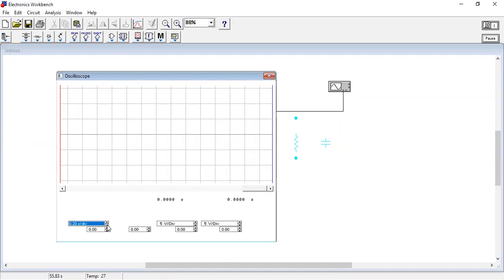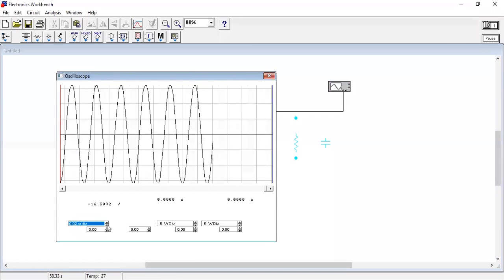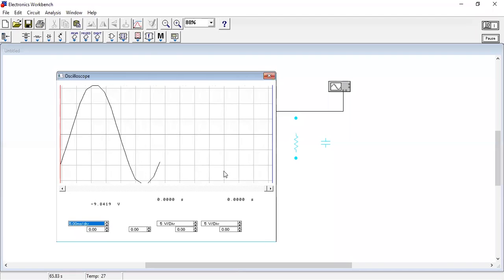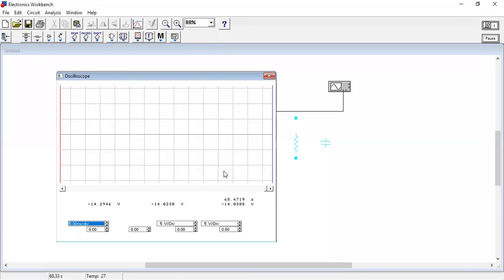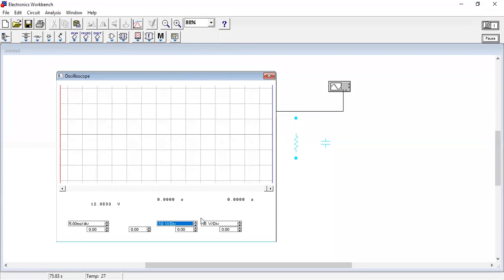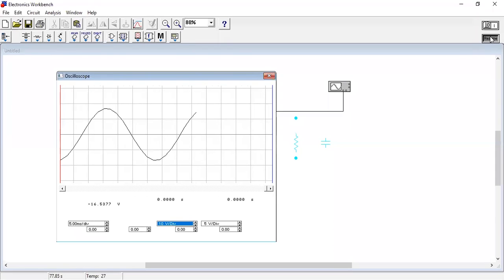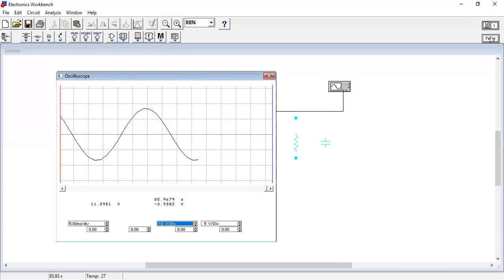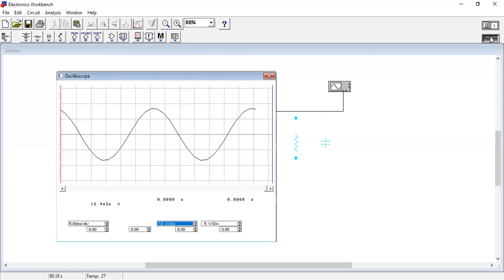So here you can see the values we put when you run the waveforms. Here we use 10 volts per division. You can see 10 volts per division, so one division, one box, is 10 volts.